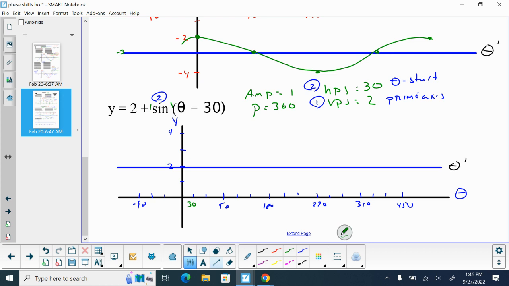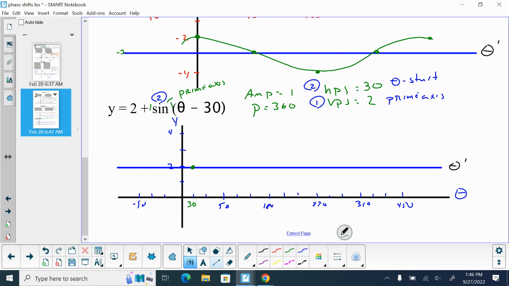Well, if I'm on a sine curve, this tells me to start on the prime axis. If it was cosine, I would go to my peaks and my valleys. So at 30 degrees, I'm going to put a dot on my prime axis. That's where we start. The horizontal phase shift gives us our theta start value. The trig function tells us on the y-axis where we start, on the prime axis or at peaks and valleys.